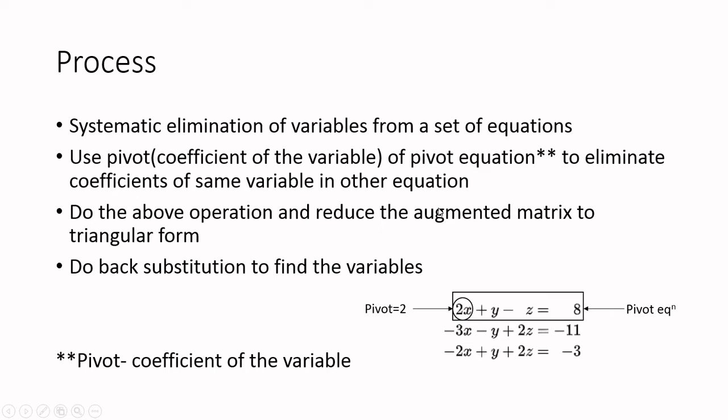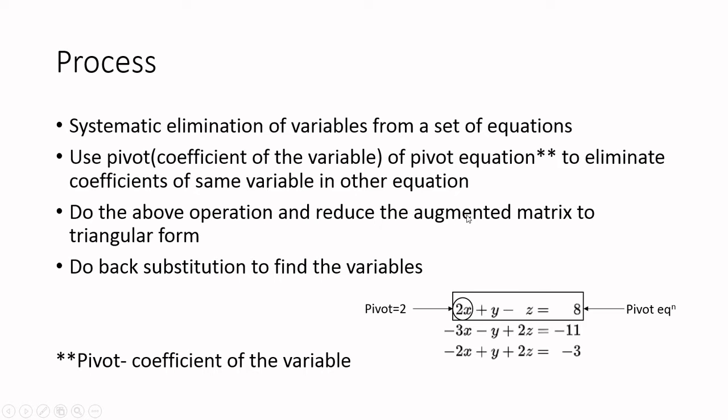So what we do is we identify the pivot equation and the pivot, and then we multiply this equation and subtract in such a way that we try to reduce that matrix to a triangular form.